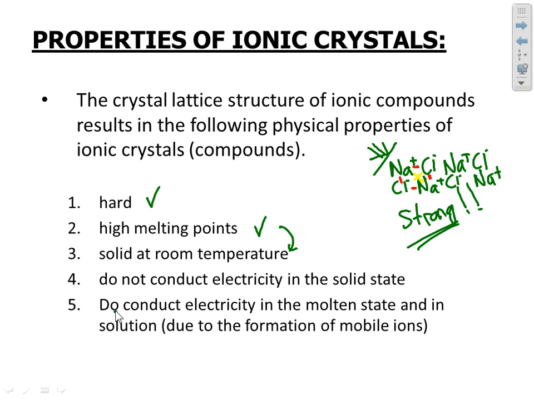But they do conduct electricity in the molten state, which is another word for melted state, and in solution. And that's when we dissolve it. Dissolved. All right? Due to the formation of mobile ions. And I will talk in more detail what mobile ions are the next day.